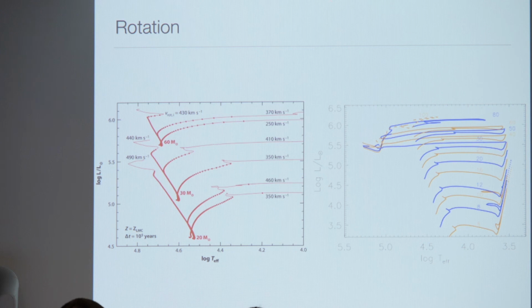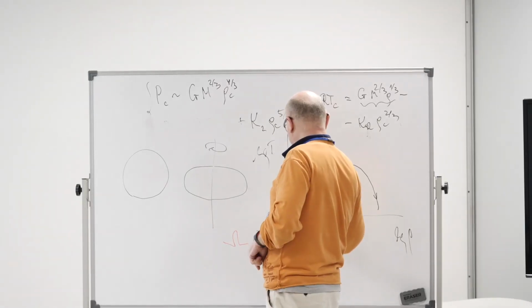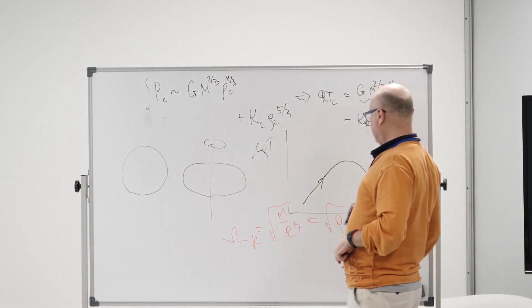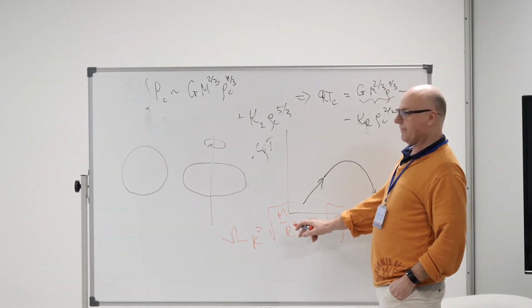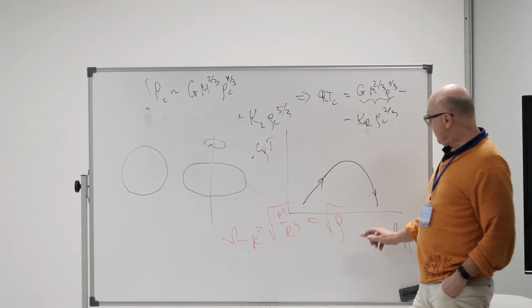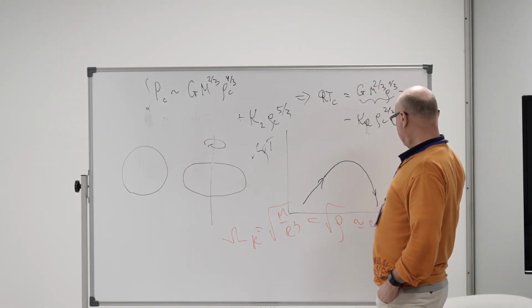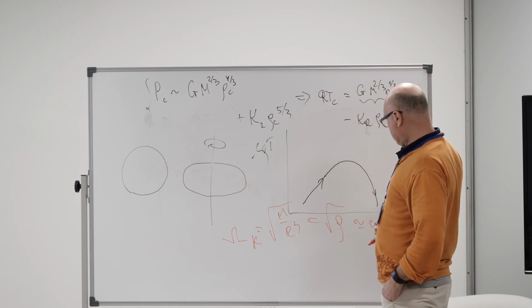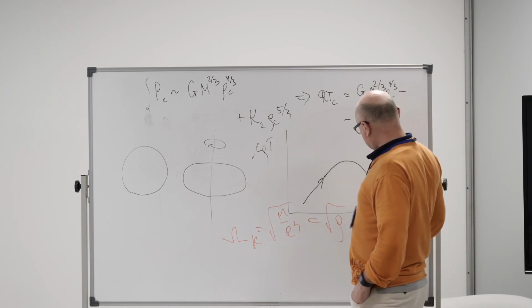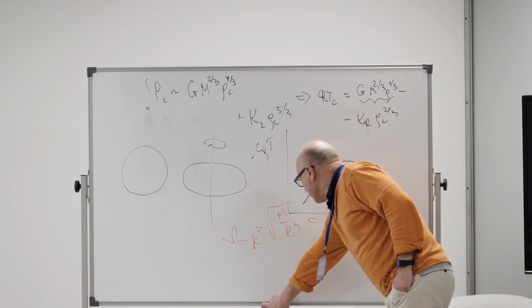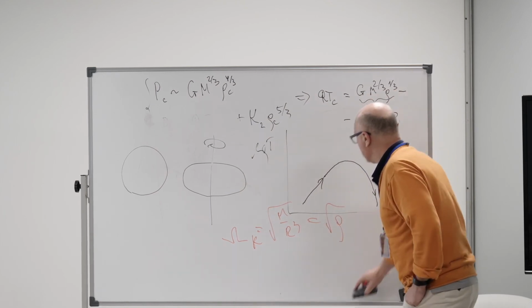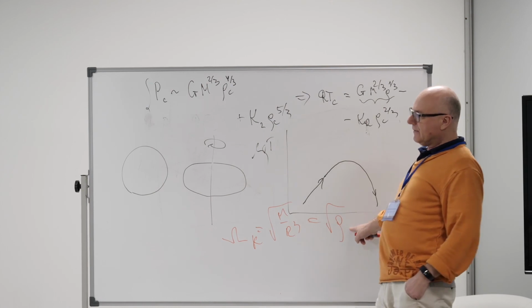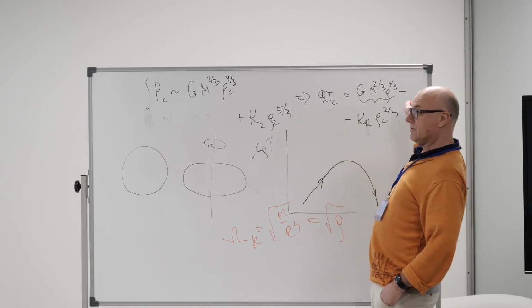What I'm saying is that Keplerian velocity is just the square root of density. If the density is not constant, and we know from stellar evolution that the density always increases, it is an increasing function.